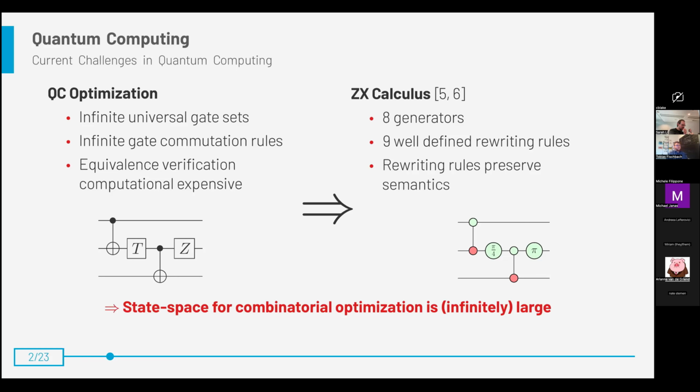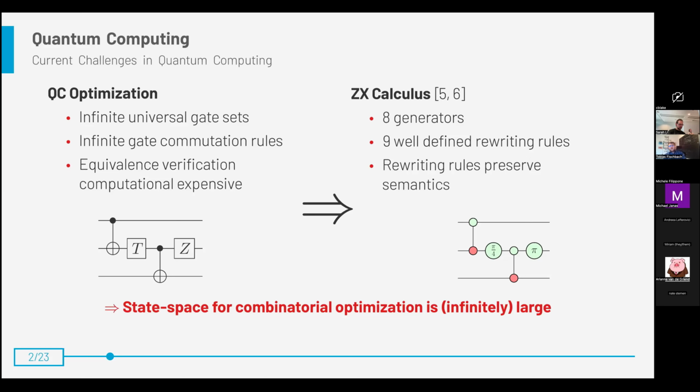However, this is not the native language of the different architectures that we are actually using. Very often different architectures use different phase gates. So theoretically, we can get to an infinite number of universal gate sets, which also means that if you want to do quantum circuit optimization, we need to think about infinite commutation rules that we would need to prove. And to check if a quantum circuit is giving us the same output after optimization as when we started with is computationally extremely expensive.